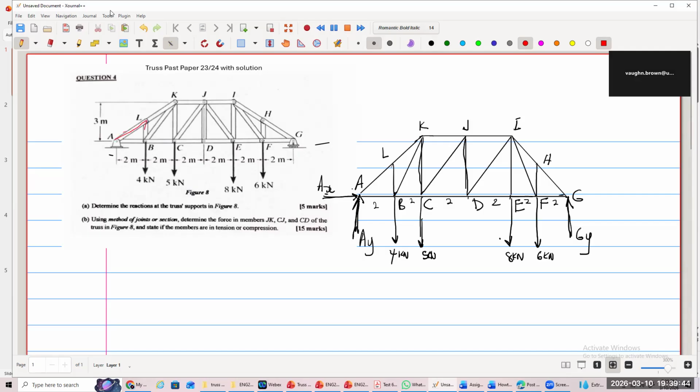You have one here, one here, and another one over here. You need to know the angle of inclination of the element. What is that angle here, and what is this angle here? They are different. And I'm not going to use a smaller triangle because I don't have the height of it.